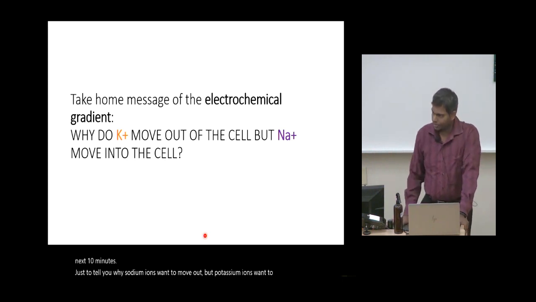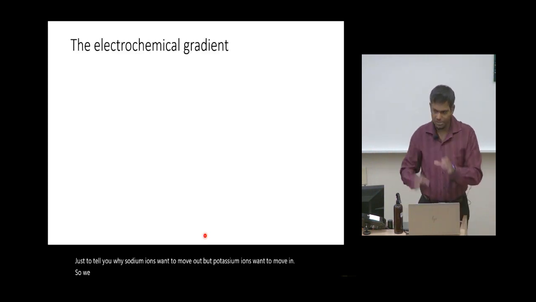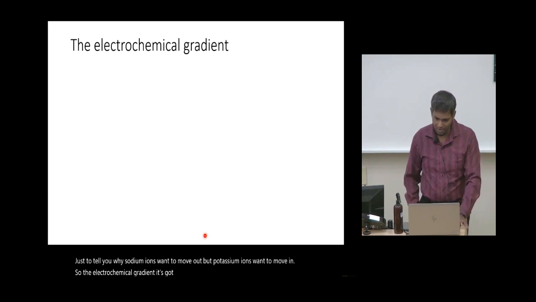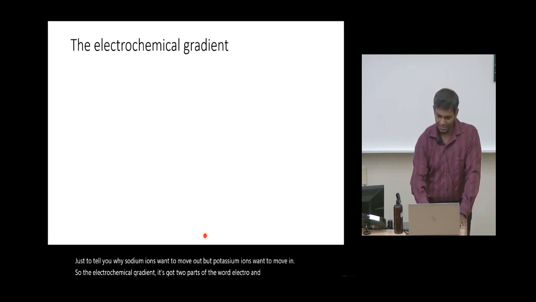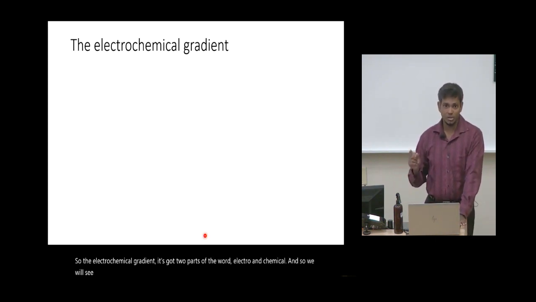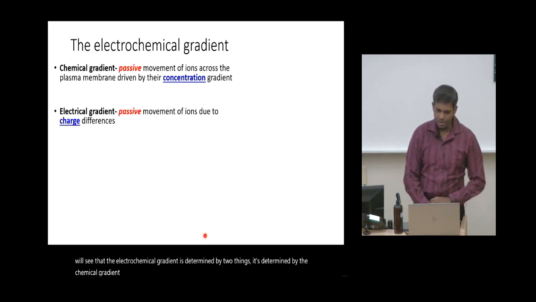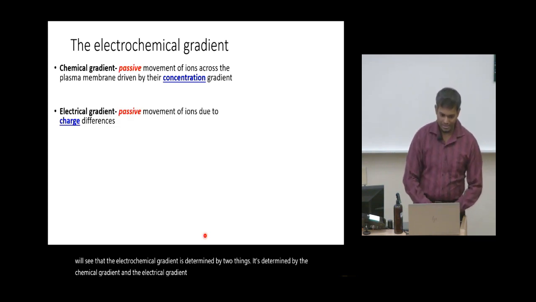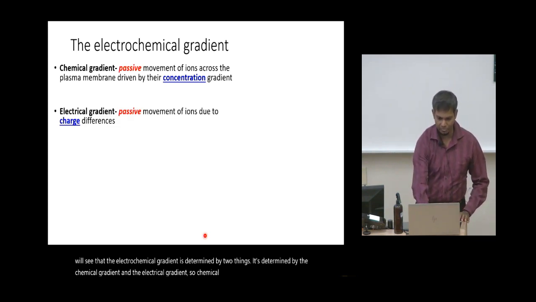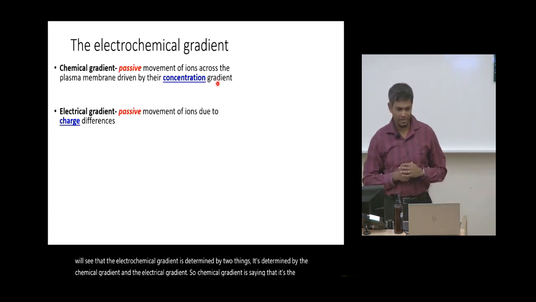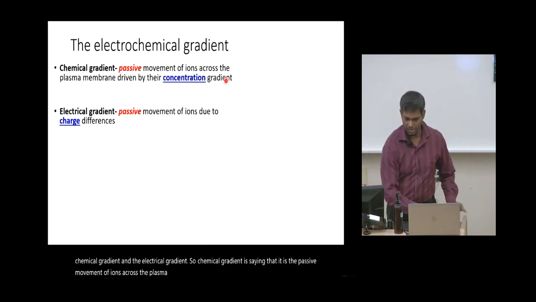So the electrochemical gradient has two parts to the word, electro and chemical. We will see that the electrochemical gradient is determined by the chemical gradient and the electrical gradient. The chemical gradient is the passive movement of ions across the plasma membrane driven by the concentration gradient.